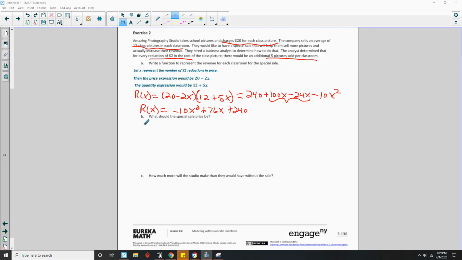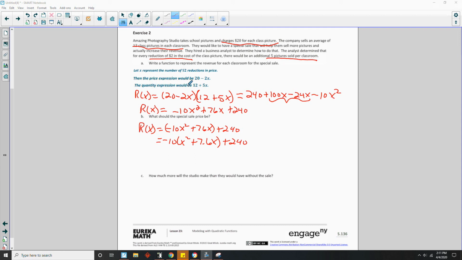We need to put it in vertex form. So it will be r of x equals negative 10x squared, in parentheses with the 76x, plus 240. Okay, factor out 10, so that would be negative 10 times x squared plus 7.6x plus 240.